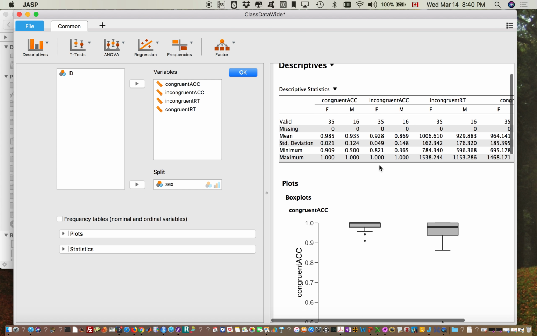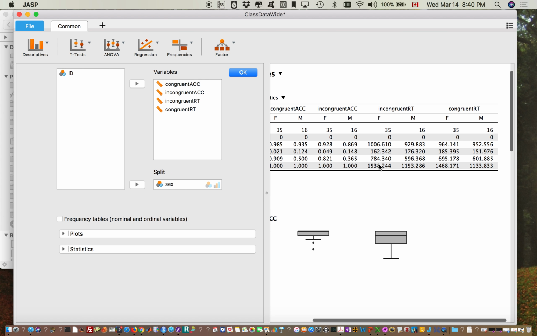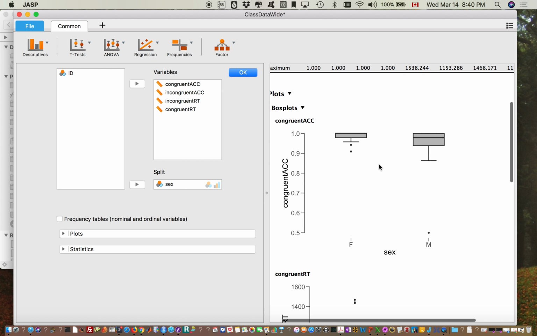So you can see that we have 35 women and 16 men. Instantly you should be thinking, well, only 16 men. That limits the inferences that we can make about our data, but nevertheless, you're still going to persevere. We can also see now that this one man who is really, really inaccurate is part of the men group, or the male group.